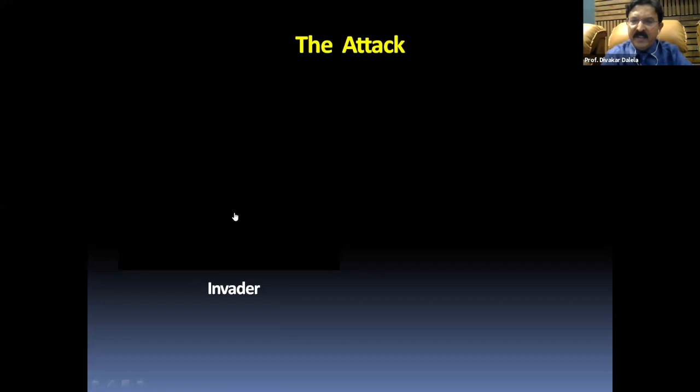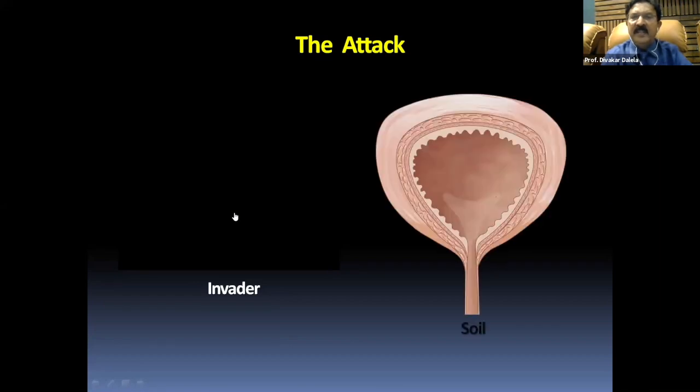So you have an invader which causes an attack, and in your body the bladder behaves as a soil where the invader can attack. For any infection to become clinically significant, you have to have a powerful pathogenic invader and weakened defenses of the urinary bladder, and a combination of both gives rise to the actual clinical infection.